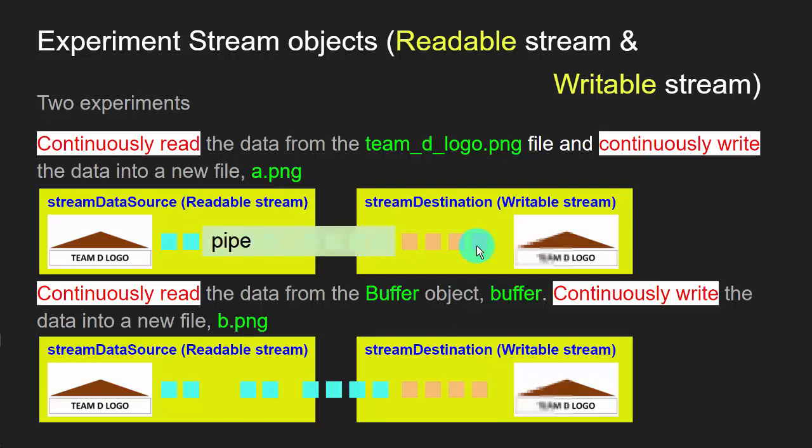The writable type stream object shall continuously accept the data piped to it and continuously write the data into a.png computer file. In the second experiment, you shall create a readable type stream object.